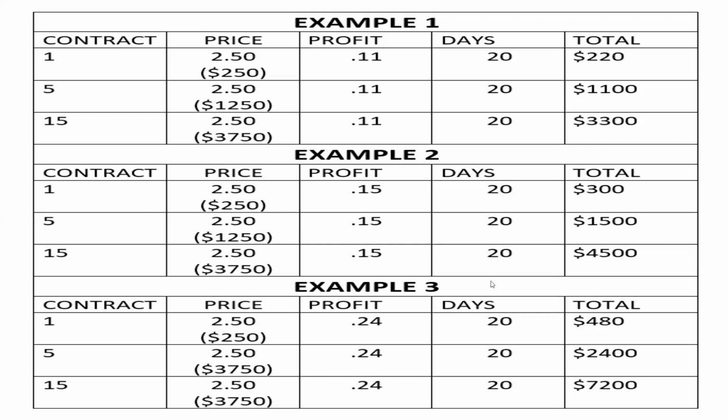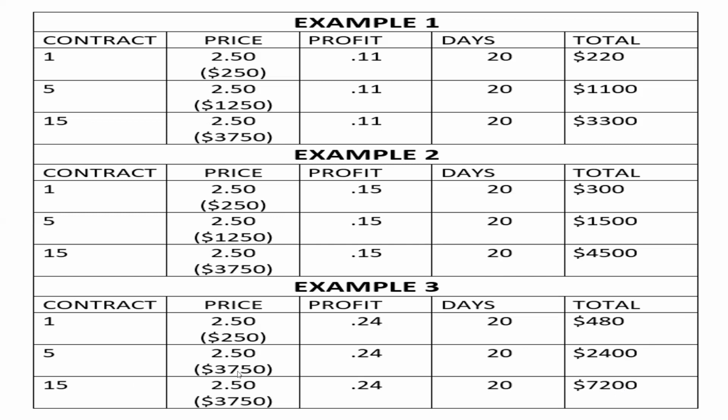So let's go to example 3. Example 3 with 24 cents, $480 with 1 contract, 5 contracts, $2,400, and 15 contracts, $7,200 in a month's time.